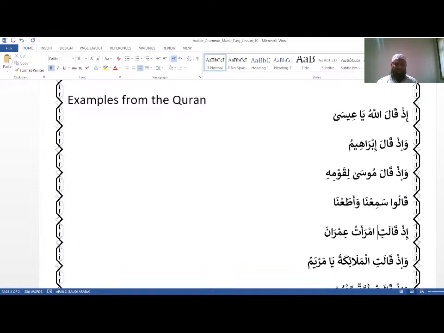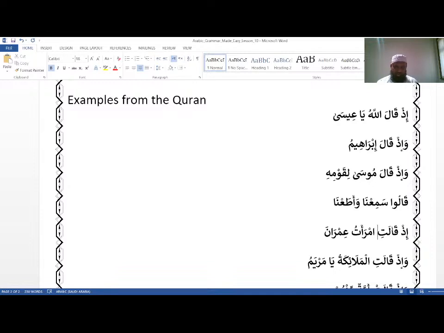When we read, the Quran is also a grammar book. Quran teaches us Arabic grammar. So when the grammarians give examples, they give examples from the Quran to make the rules they've made solid.